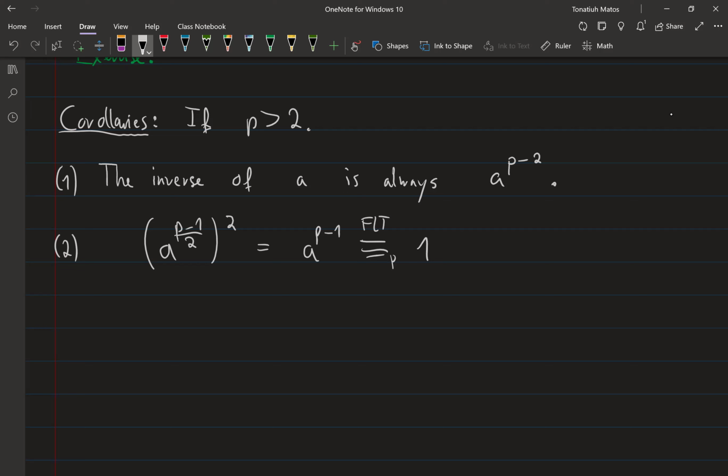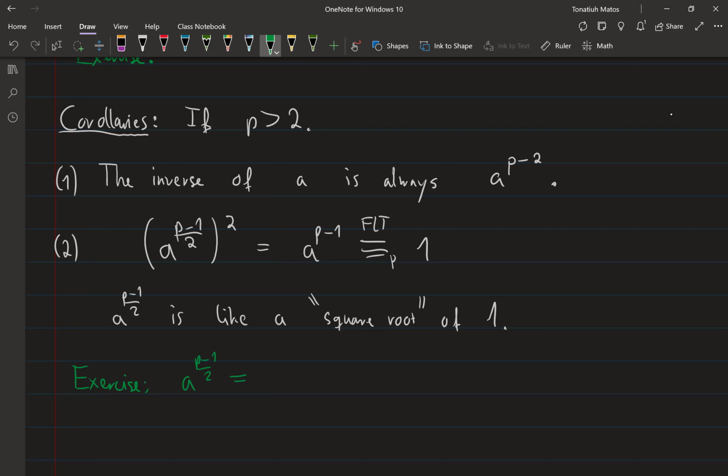In other words, I found a number that when I square it, I always get 1. So doesn't this mean that A to the P minus 1 over 2 is like a square root of 1?